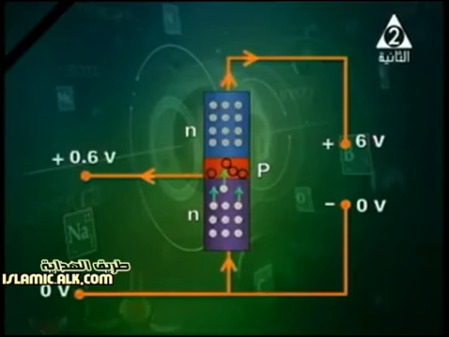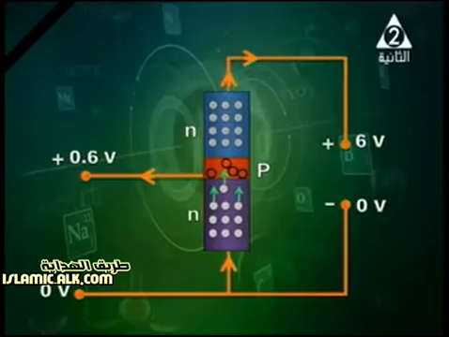But when the base is connected to a positive potential of about 0.6 or 0.7 volt, electrons will flow from the N-type emitter across the junction into the P-type base.